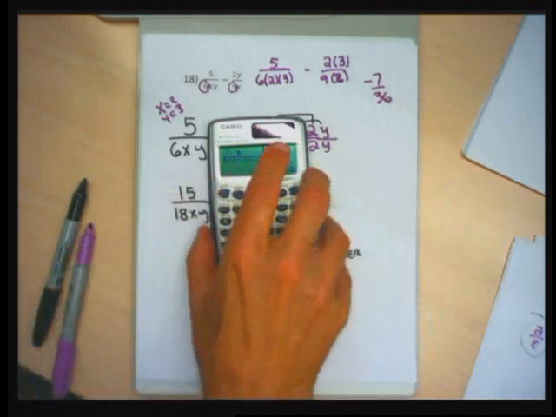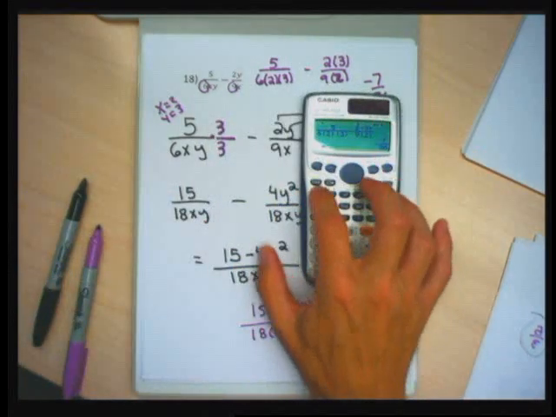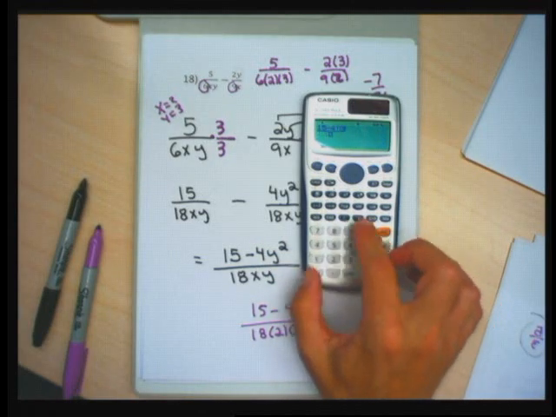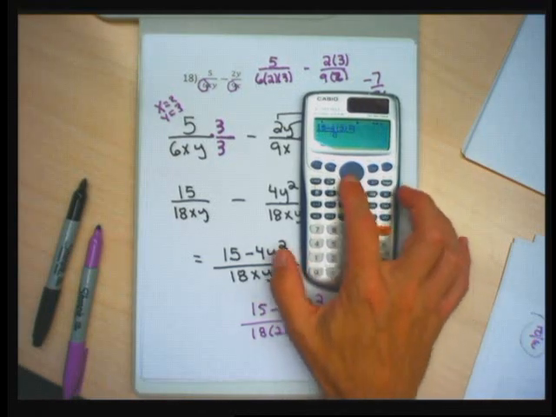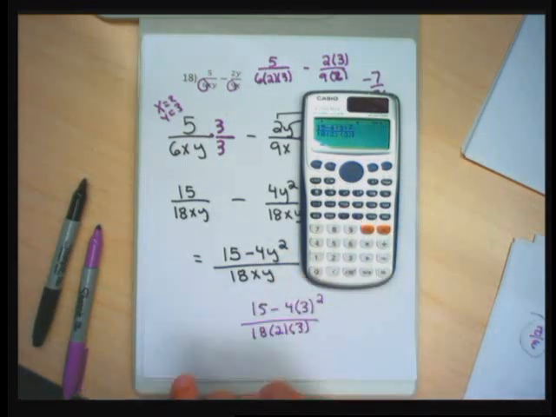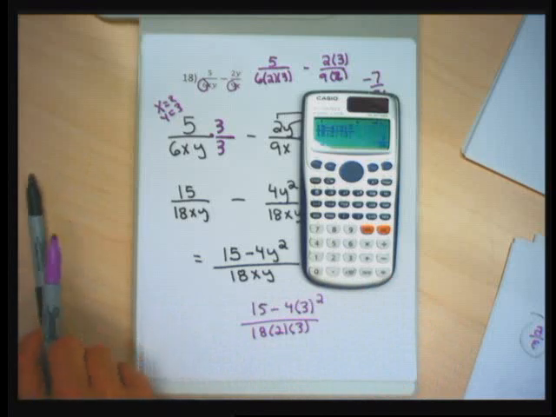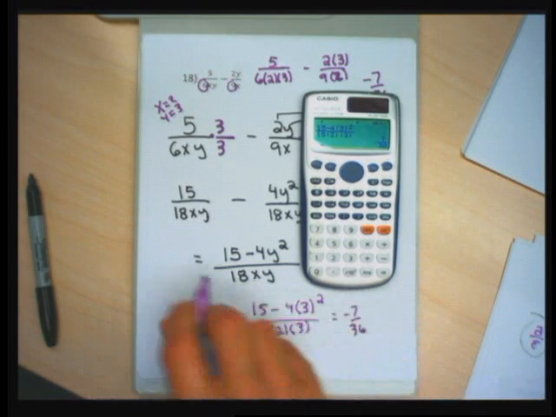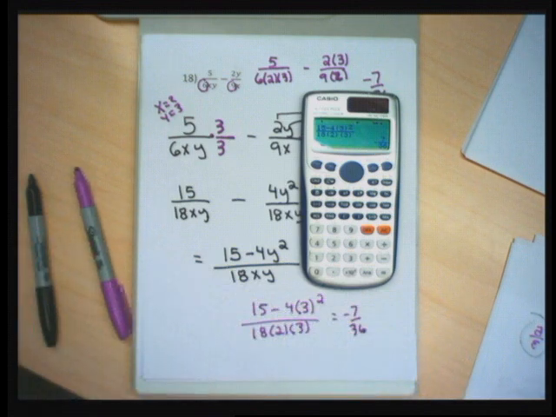Do the same for my answer: 15 minus 4 times 3 squared over 18 times 2 times 3. And I also get negative 7 over 36. So because I have the same numbers, I feel good about my answers.